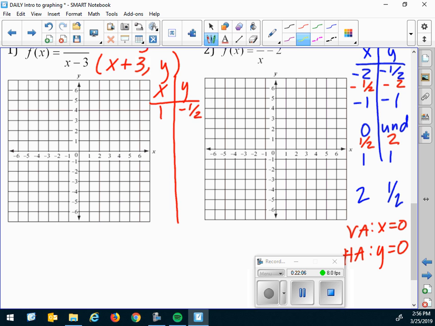I should have put this one down here, shouldn't I? So let's go to this one. What's your x value going to be? Negative 1 plus 3 is 2. Did the y value change? No. So this is going to stay negative 1.